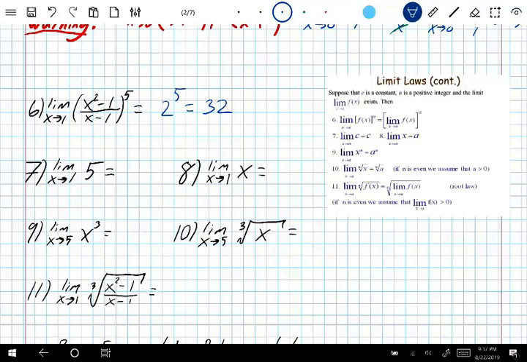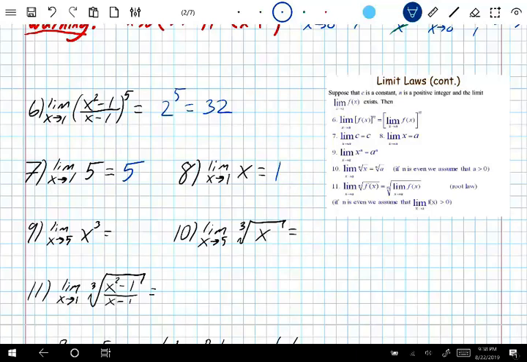7 is great. It says, I'm gonna take a limit of a constant. That constant doesn't care what x does. X can go to 1, it can go to 7, it can go to 19. The number 5 is still going to be a number 5, no matter what x does. So this is just a 5. So constants are just themselves. X's are going to go to whatever x is going to. Great. In this case, it's a 1.